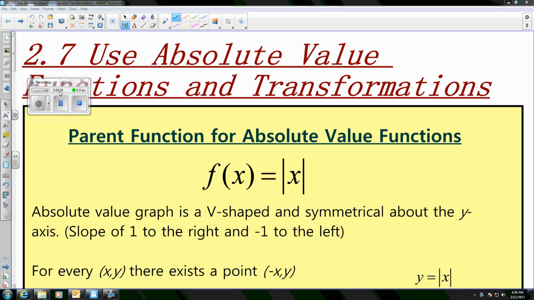Okay, so we are in section 2.7 where we're going to use absolute value functions in transformations.